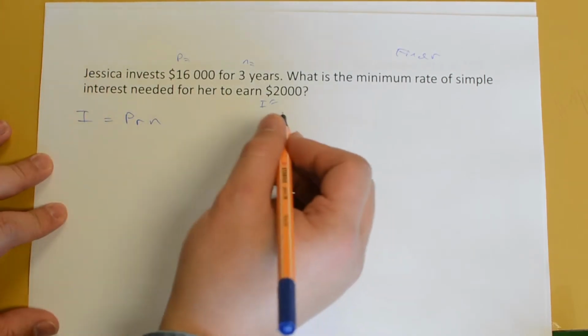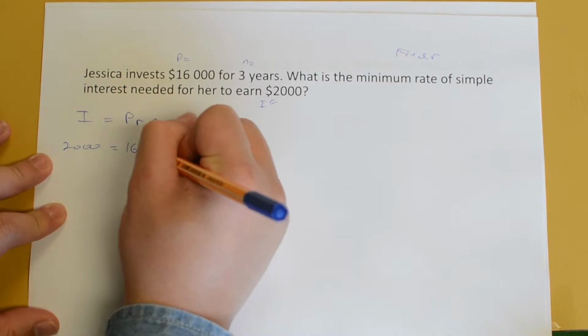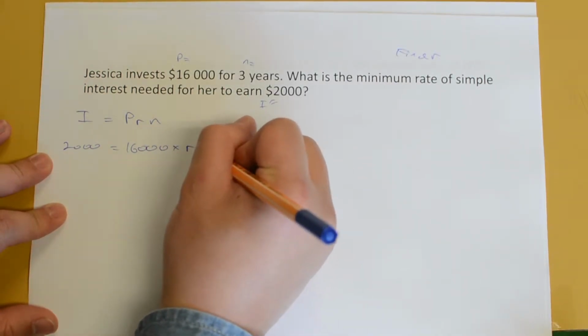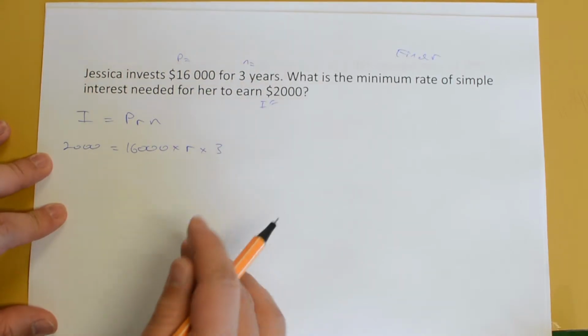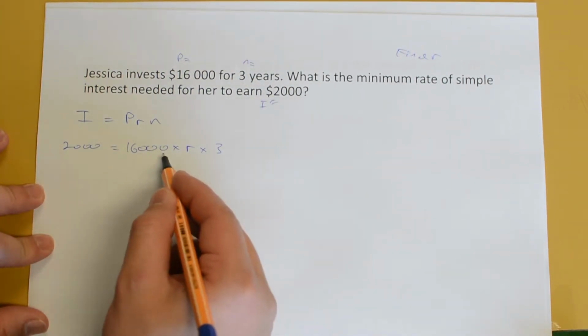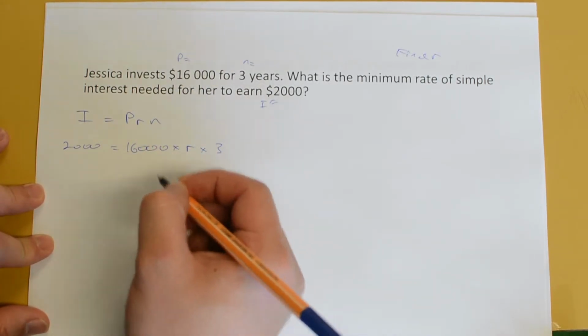Interest was $2,000. P was $16,000, multiplied by R and multiplied by 3, which was our N. Now rearranging this, you would divide by the 16,000 and divide by the 3 to get rid of them.